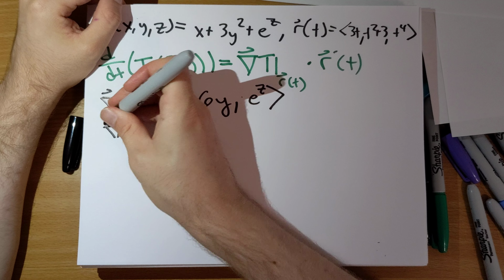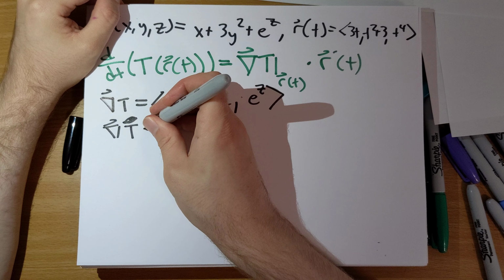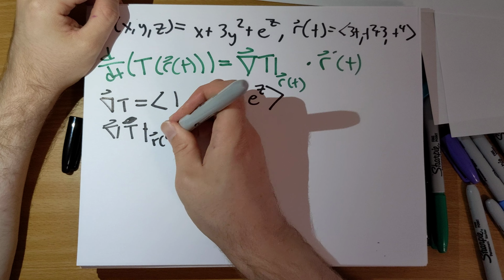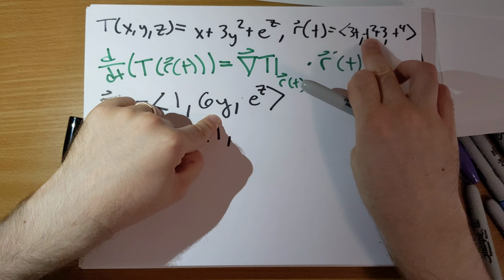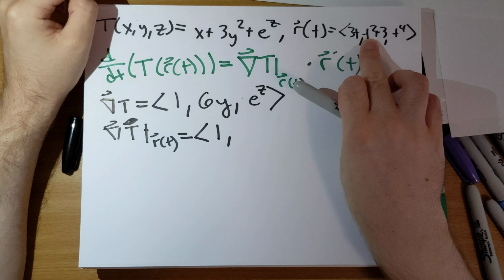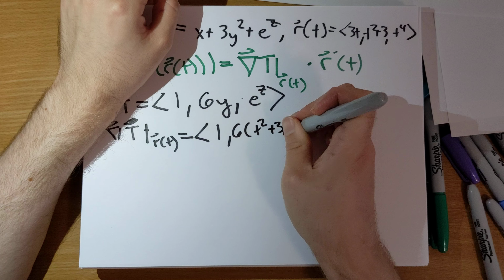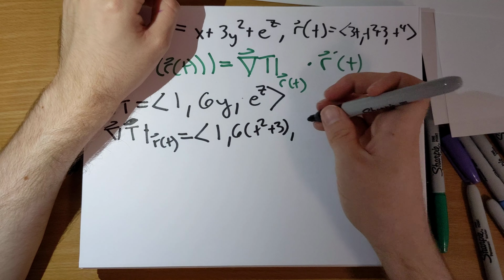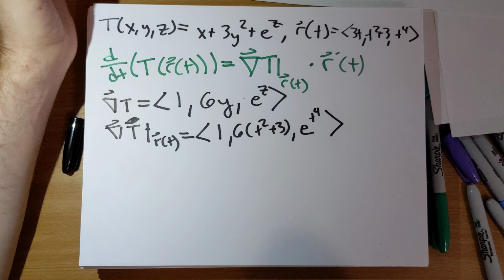The gradient of T evaluated at r of t is 1, 6y, where y here is t cubed, so t squared plus 3, and then e to the z is t to the 4th.